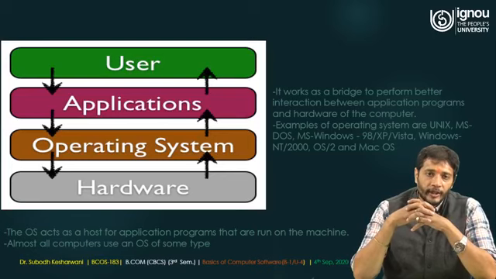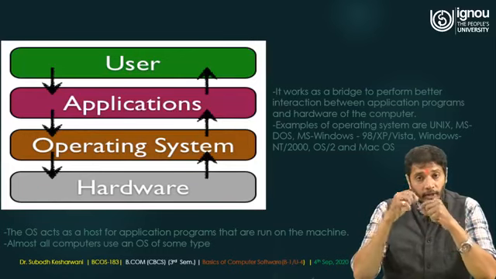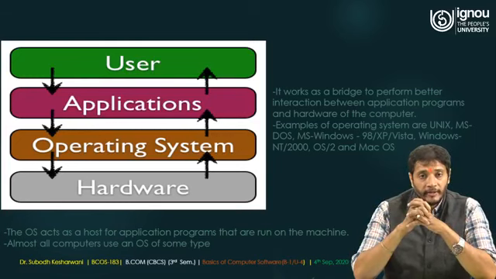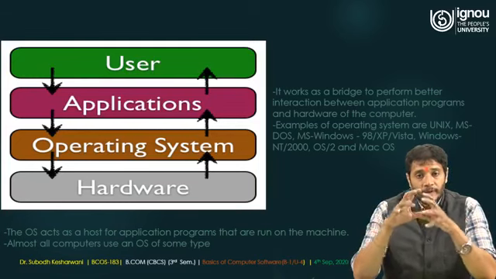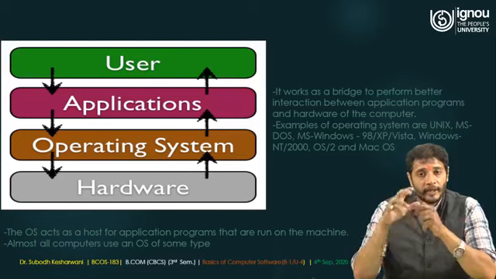In the present scenario, the smartphone has taken the shape of hardware, and the operating system is Android, which we will talk about in later PPTs. Once you have the operating system, the applications come.